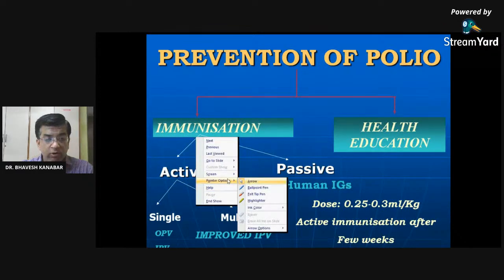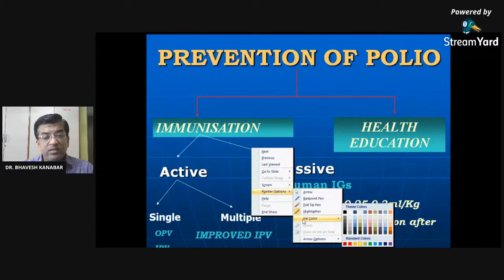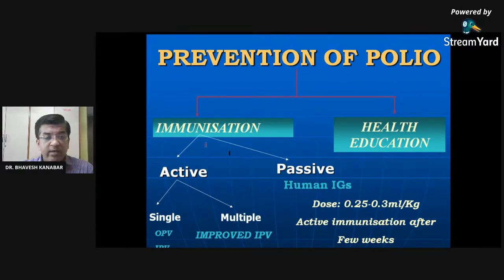And currently we are eagerly waiting for a vaccine for corona, right? So vaccines are an important way for prevention of diseases which are communicable. Immunization can be active or passive.